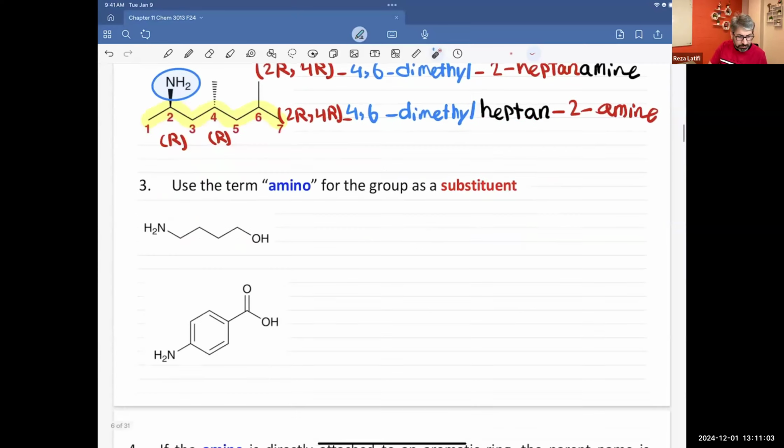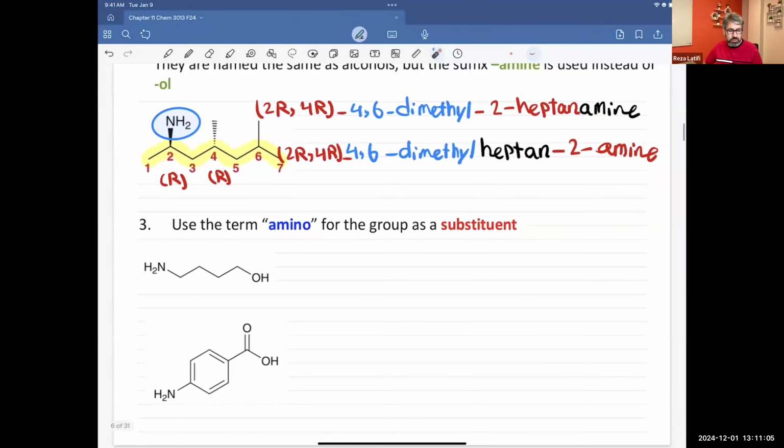Okay. Now, what will happen if we have 2 or more functional groups? In that case, you need to be careful about their priority. OH will have higher priority than the amine. So we're going to start labeling from the side that is closer to the alcohol, or the OH functional group.